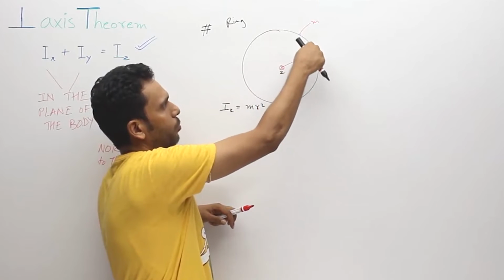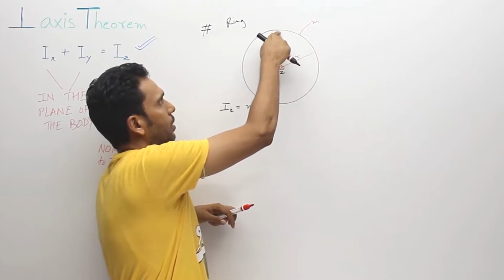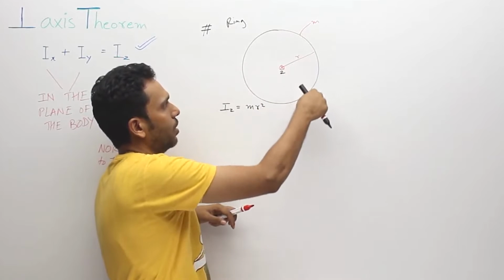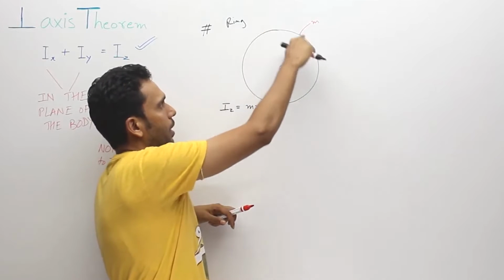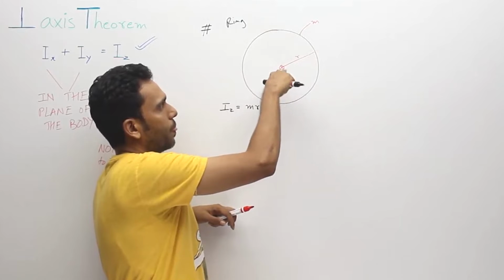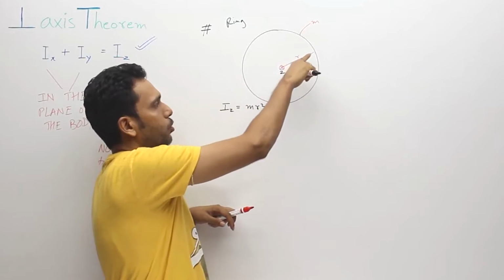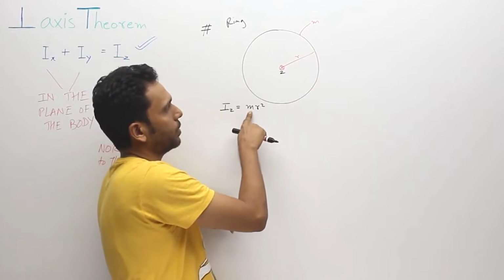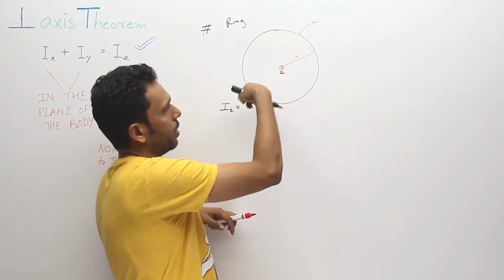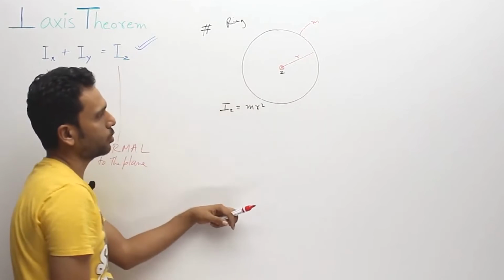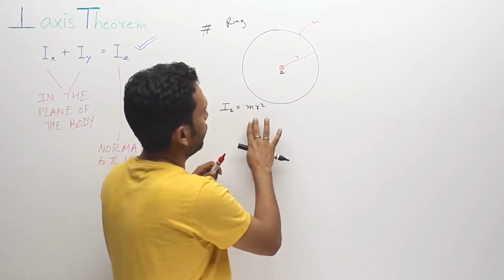All the point masses, or all the elementary masses, were distributed at a distance r from the axis of rotation. So it was all those elementary masses into the same radius square, r square. So that gave you mr square. That's your moment of inertia of the ring.